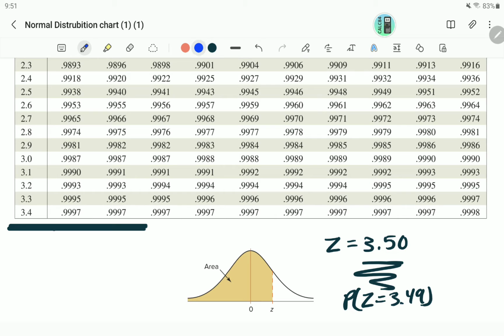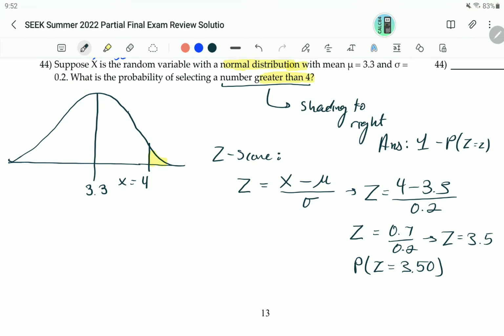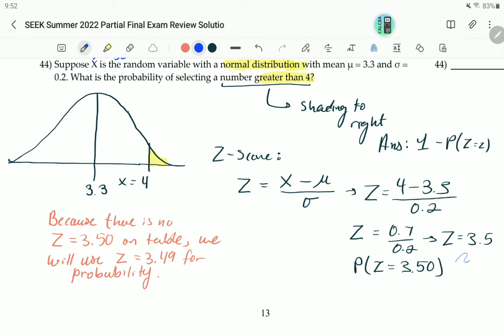And the probability that z equals 3.49, which is right here, is 0.9998. So I'm going to write that on my review sheet.